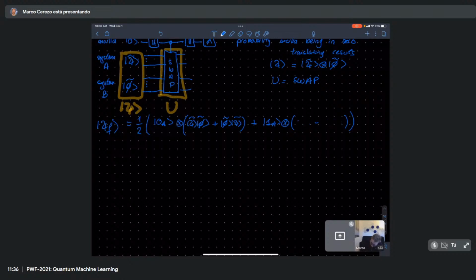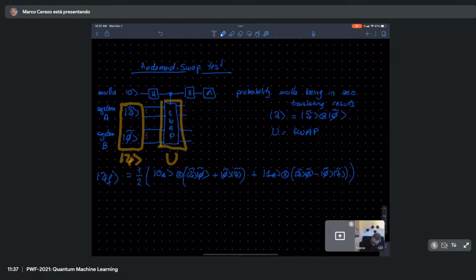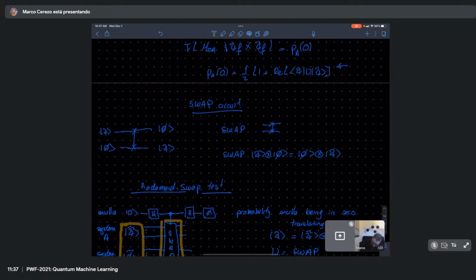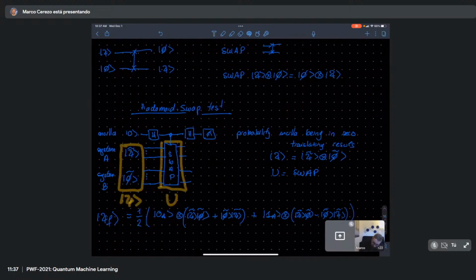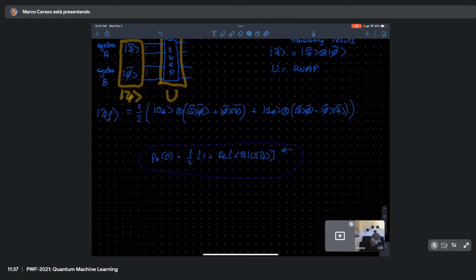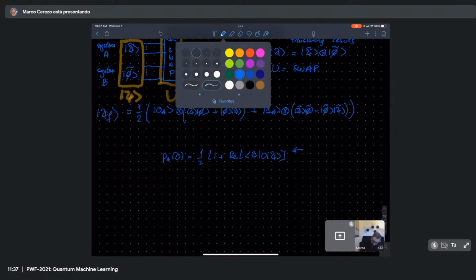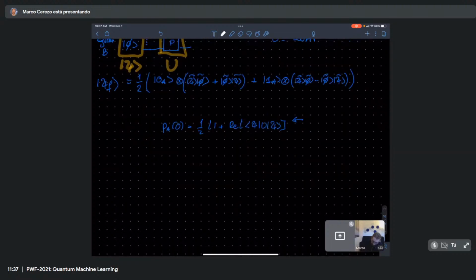So we're going to have psi tilde, phi tilde, phi tilde, psi tilde. And the same result that we previously had is going to hold, because the circuit is completely general, right? So the probability of measuring the zero state is given by this.